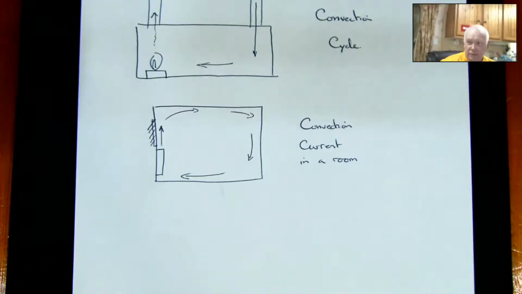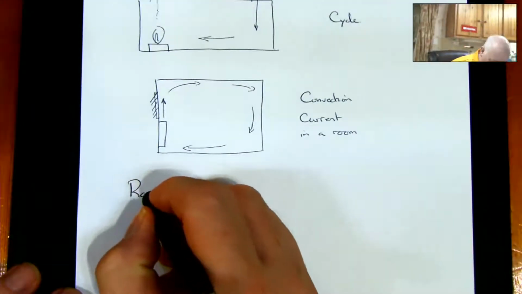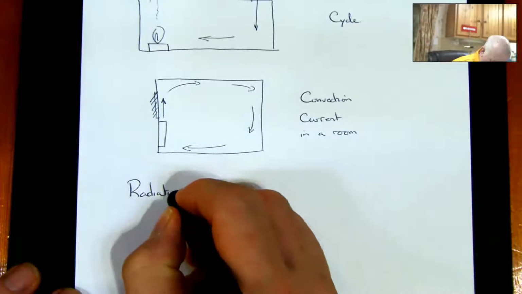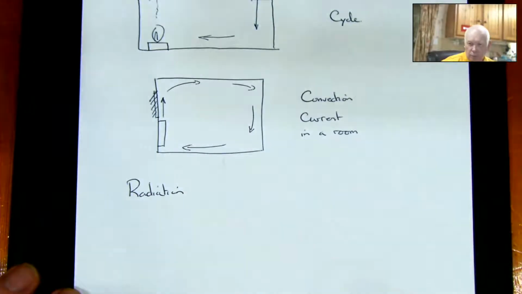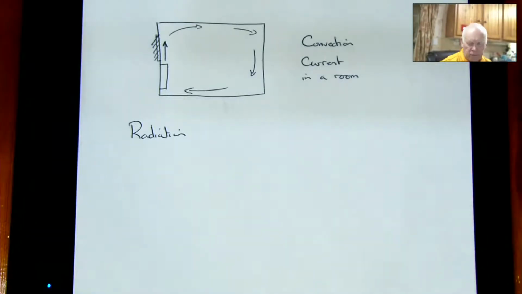Now, let's see what else we've got. We've got one other form of heat that we can look at, and that is radiation. I want to try to show you radiation in a couple of ways.